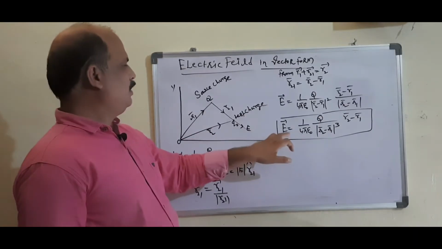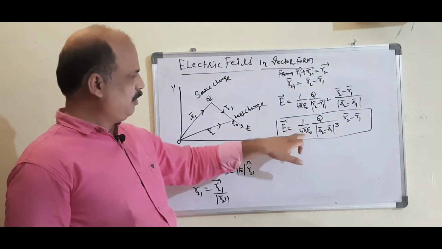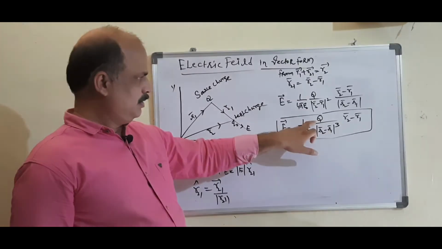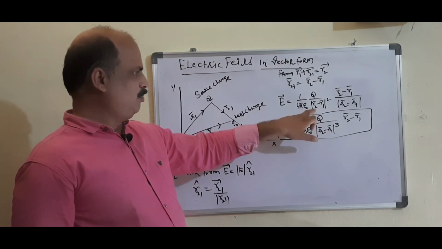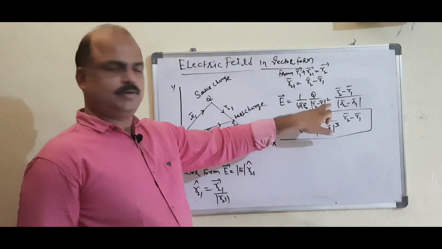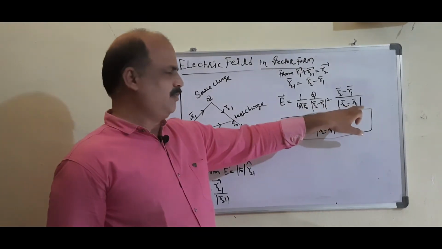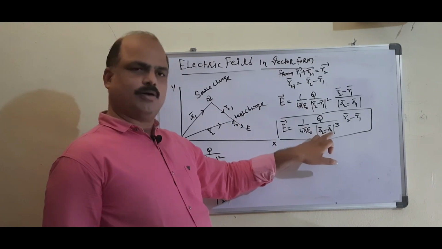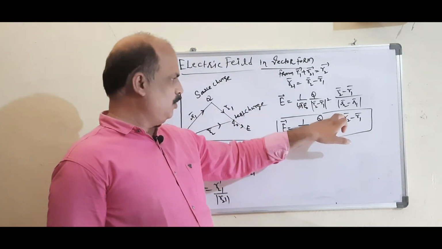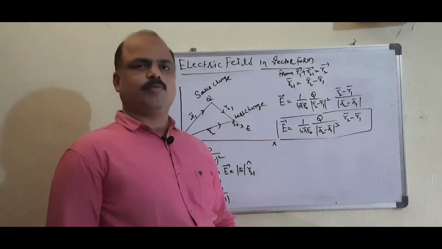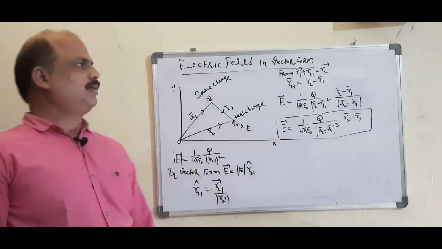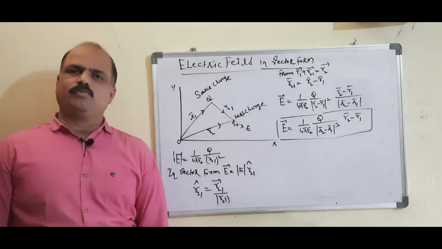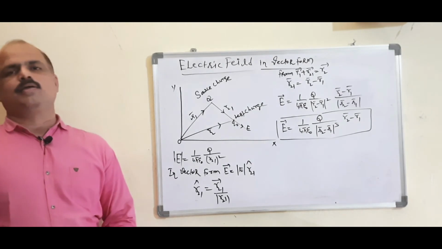So here E bar is equal to 1 by 4 pi epsilon naught q by R2 bar minus R1 bar whole square, into R2 bar minus R1 bar, that means mod R2 bar minus R1 bar whole cube into R2 bar minus R1 bar. This is the vector form of electric field.